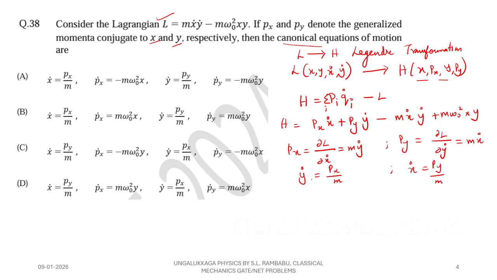Once we replace x dot and y dot in H, we are able to write the Hamiltonian in terms of p's and q's.